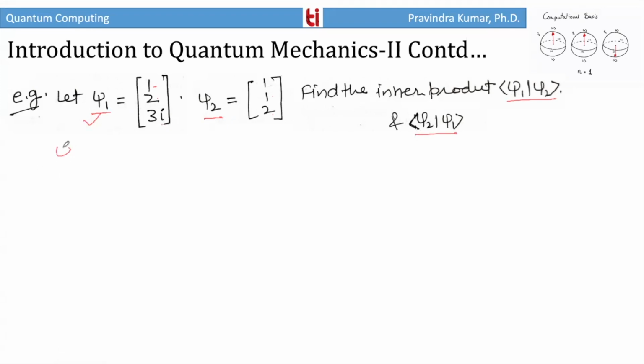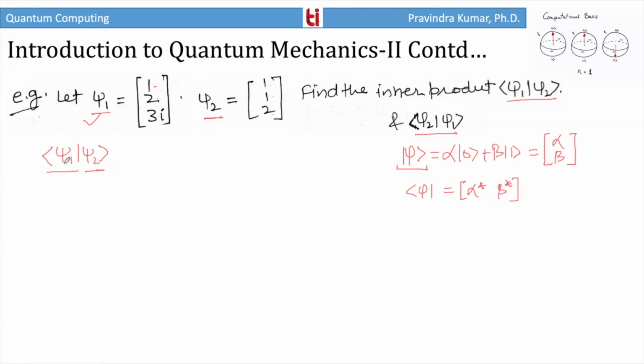So the inner product of psi 1, psi 2 is represented in bra and ket notation. If the quantum state is represented as alpha ket 0 plus beta ket 1, then it can be represented in column vector with elements alpha, beta. And if I want to represent this state in bra notation, bra psi will be the transpose of the complex conjugate.